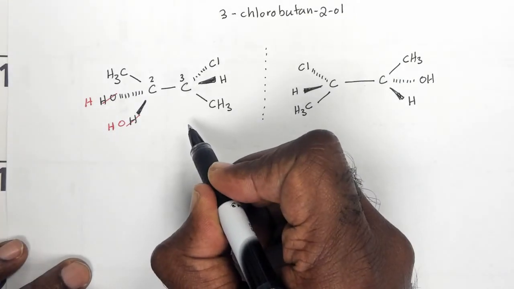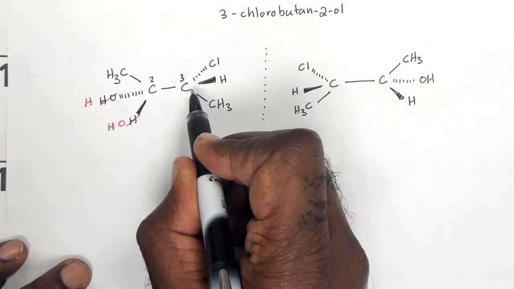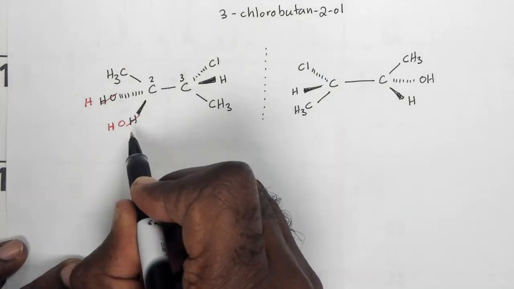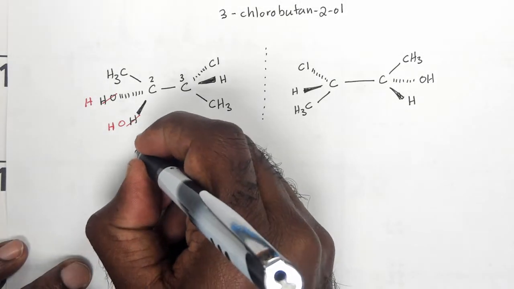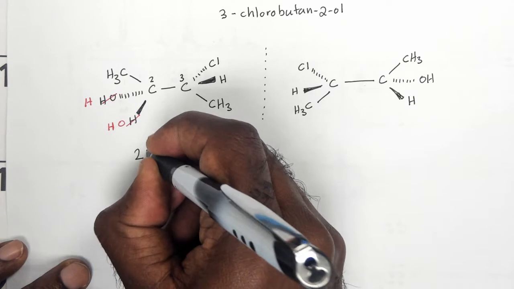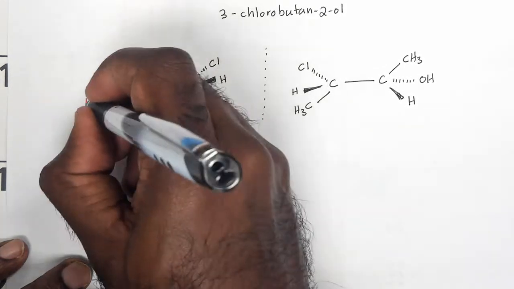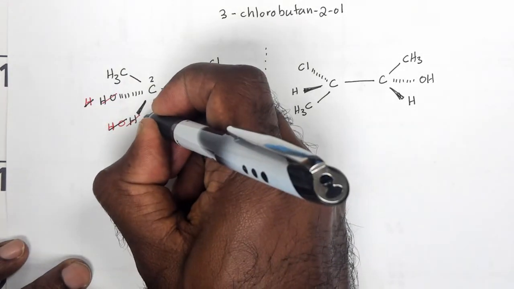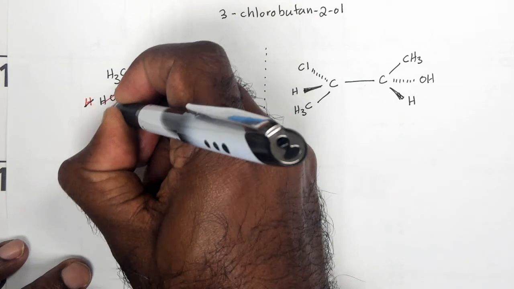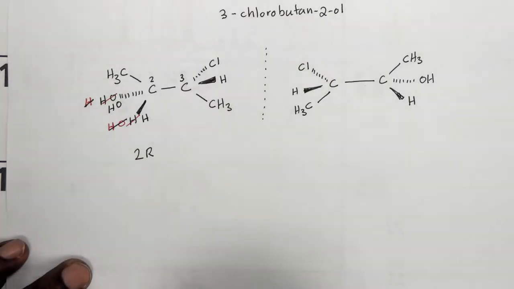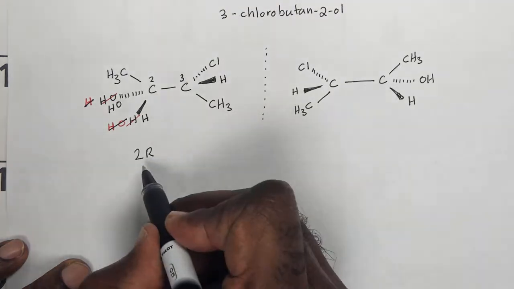And since I'm going in an anti-clockwise direction, it would have been S. But since I switched them around, it's now going to be the opposite of S, which is R. So my 2 position is going to be 2R. Now remember, I swapped them around, so now I can swap them back. And I had hydrogen and hydroxy there originally. So that 2 position is 2R.